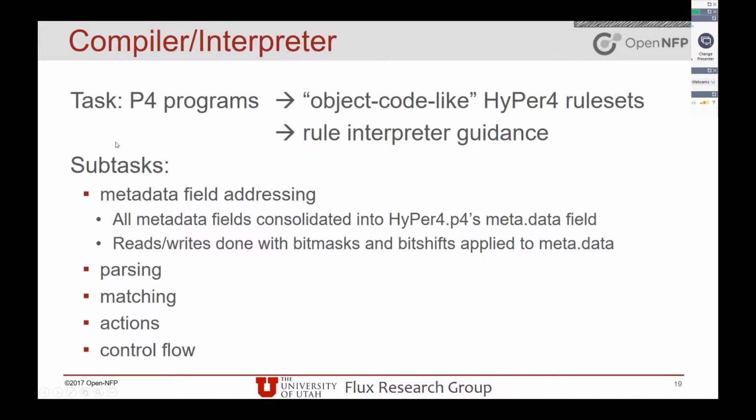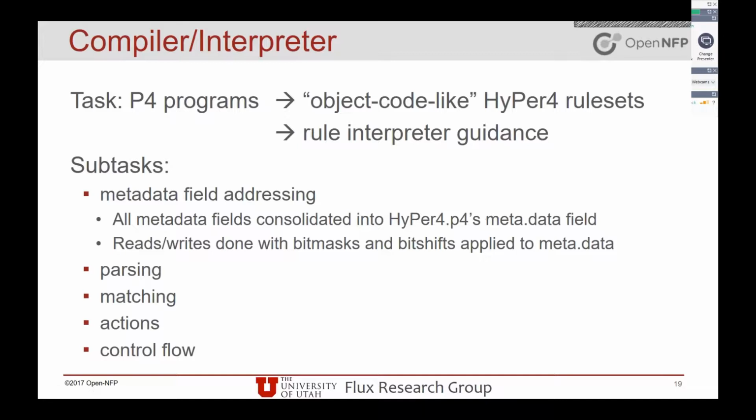Okay, the compiler's job has to take a look at the various aspects of P4 programs. For example, metadata field addressing. Lots of P4 programs have a variety of metadata fields, and how do we refer to those within Hyper4? In Hyper4, we have one consolidated metadata field. It's in a metadata object called meta. The field specifically is data.